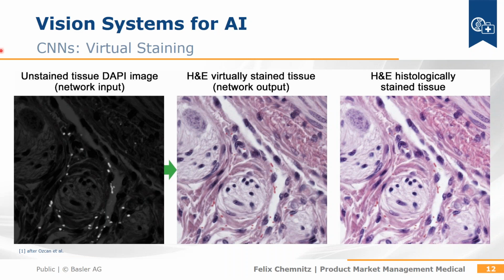Now you have the ability to use a neural network to show it this image, which you can get instantly from the biopsy, and have seconds later this virtually stained image. So this is an example of how a trained neural network can influence the way of working within these times.